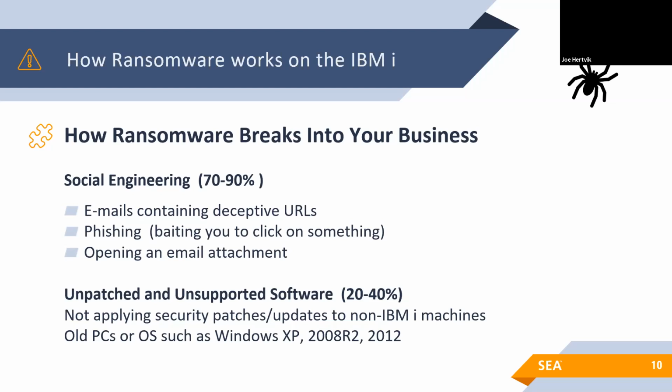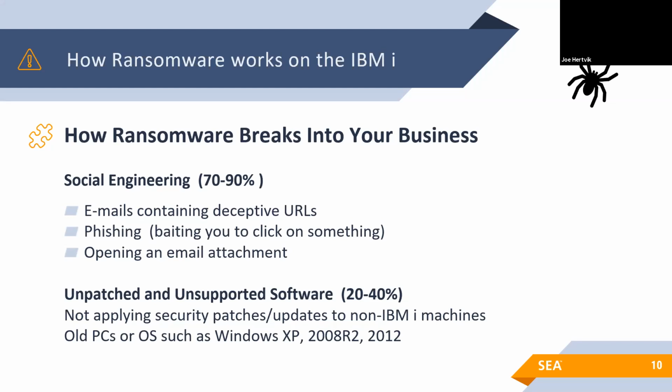It may be phishing. Someone may call your users and bait them to click on a certain website while pretending to be someone in your HR department or one of your executives. Opening an email attachment or an attachment on the network is very common. 70 to 90% of the attacks come from social engineered attacks.